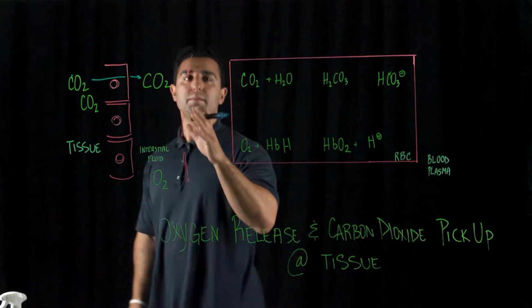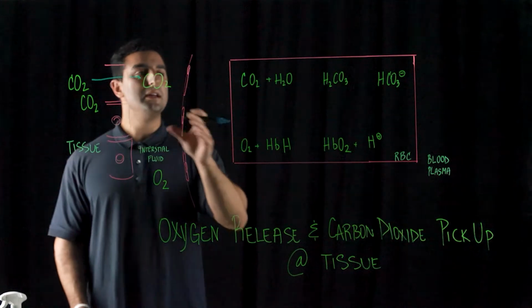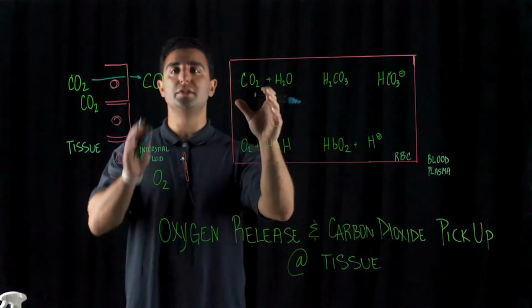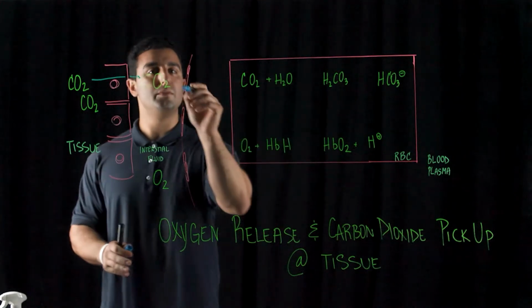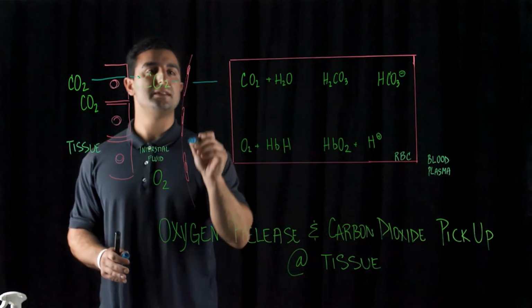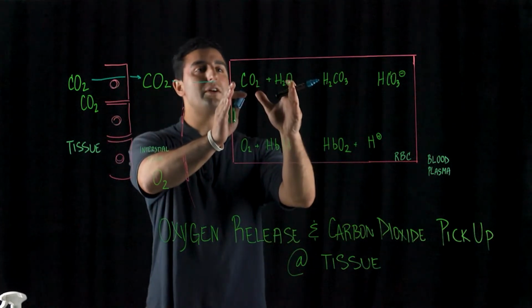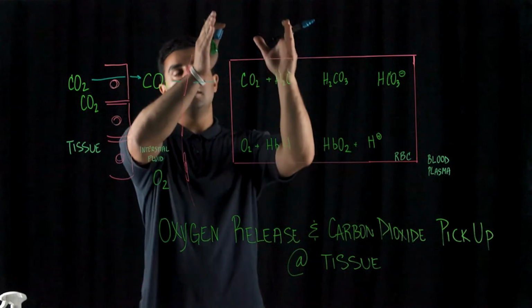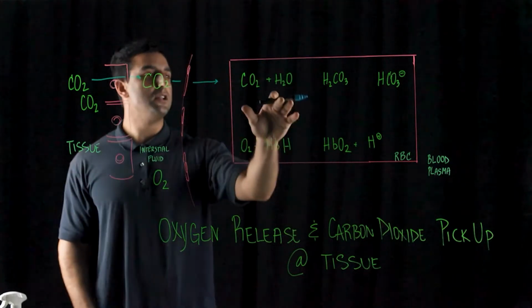The way carbon dioxide is converted into bicarbonate is through the combination of carbon dioxide and water, giving you this molecule. So you have CO2 coming out into the interstitial space, now into the blood plasma, and it can be converted into bicarbonate via the plasma, but there's a more efficient way when it enters the red blood cell.